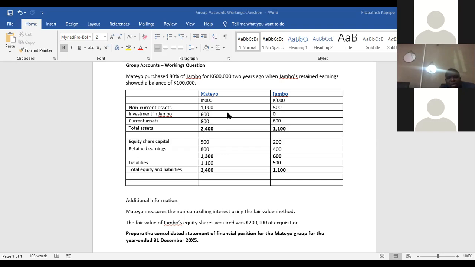Mateo purchased 80% of Jumbo for 600 2 years ago, when Jumbo's retained earnings showed a balance of 100,000. So at acquisition already, we can just put 100,000 somewhere. I'm just putting in the blanks as I'm reading the question. Okay, so we go to the retained earnings. You can put that figure we are sure of.